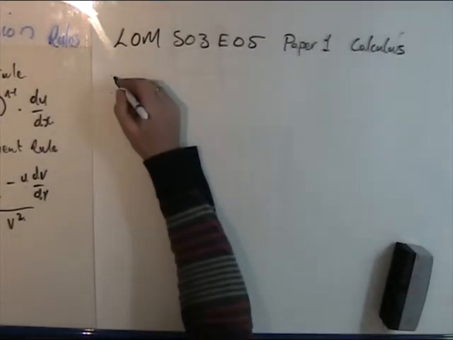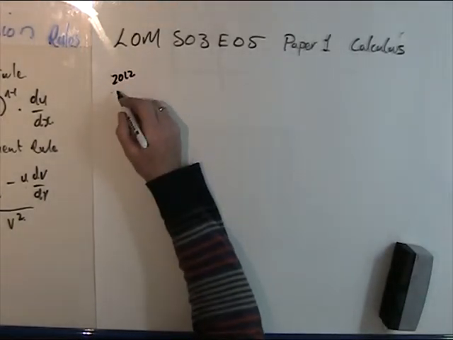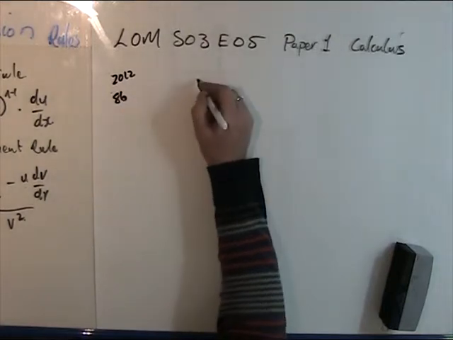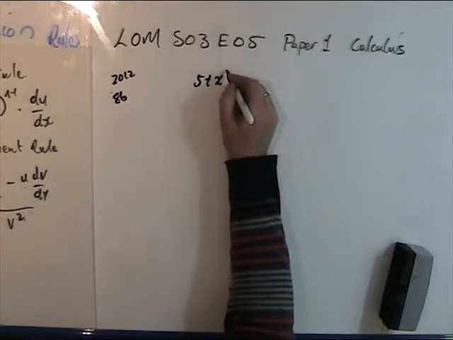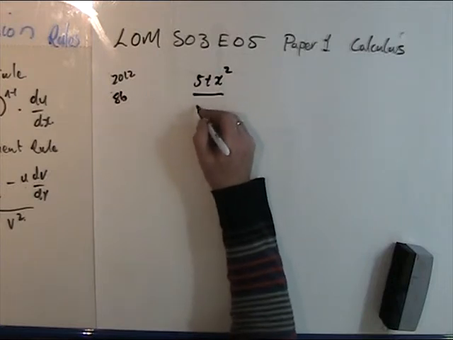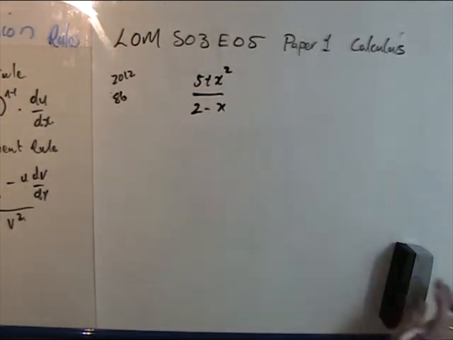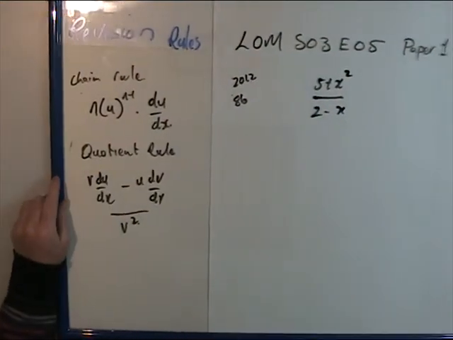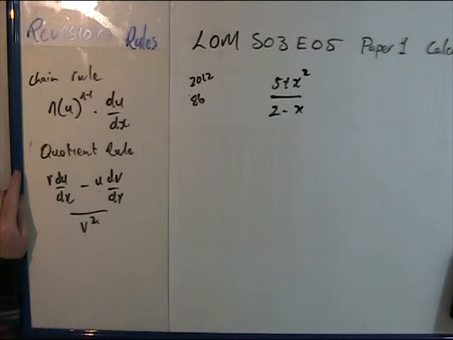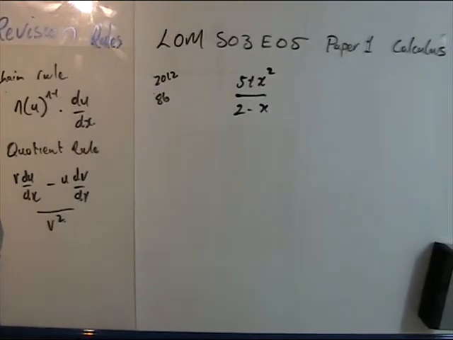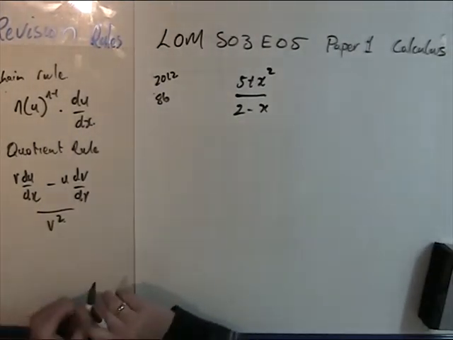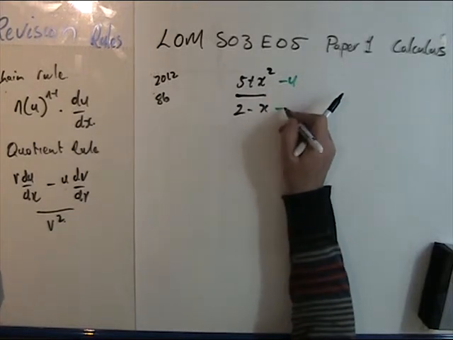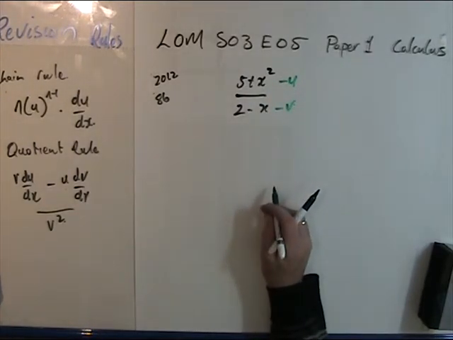Now this is question 2012 again, and it's 8b, and it's got 5 plus x squared all over 2 minus x. So this is the quotient rule I'm using here, and I'm going to solve this using the quotient rule. So I'm using this as u and this as v.